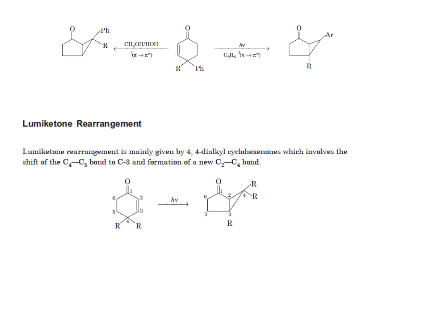Let us consider this example. Here this one is a 4-alkyl-4-phenyl cyclohexenone. In the presence of light and benzene, the non-polar solvent, the n to pi* excited state reaction is going to happen.